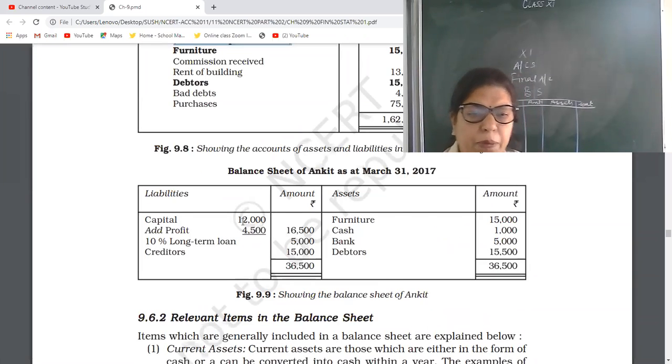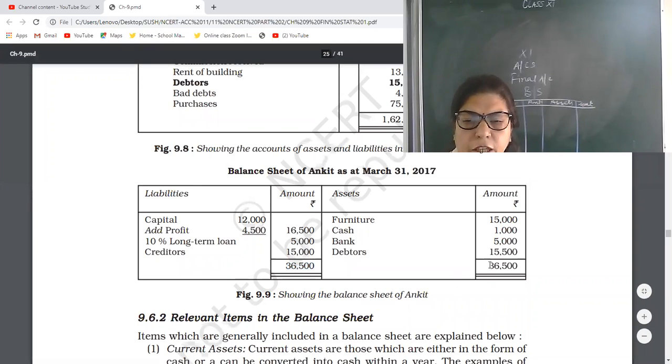Now see the balance sheet. See, this is capital, profit given, then we should add it, loans, just now I explained you, loan is liability, creditors, liability, furniture, cash, bank, debtors are the asset. If the closing stock is given in the question, then it is also asset. Total of both the sides should be matched.